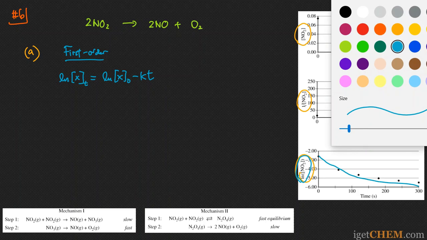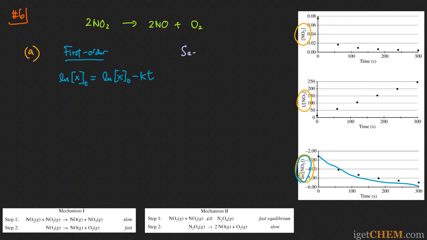On the other hand, if it was second order, then if you plot 1 over the concentration of the reactant as a function of time, it would follow this equation. Again, k is the rate constant.